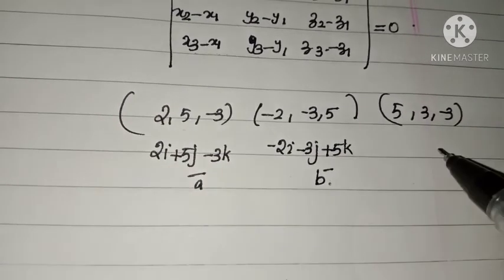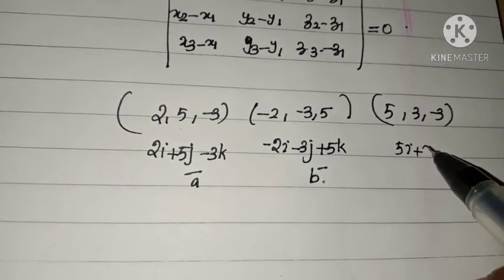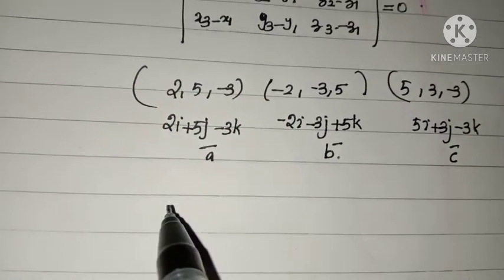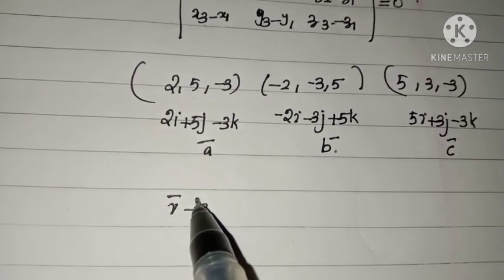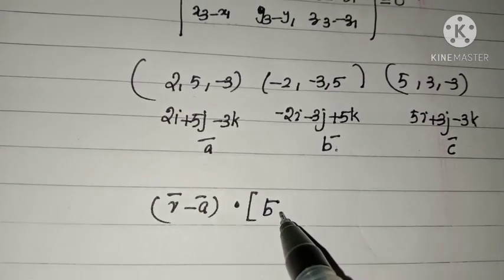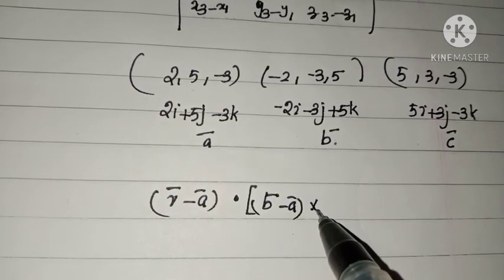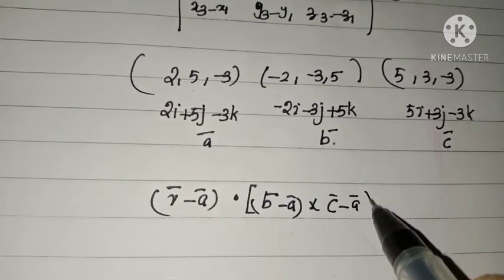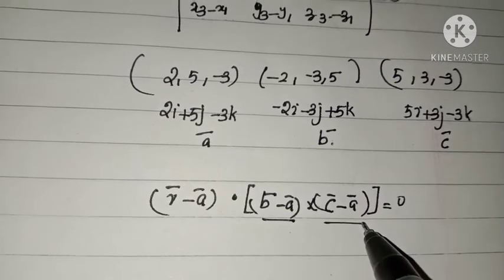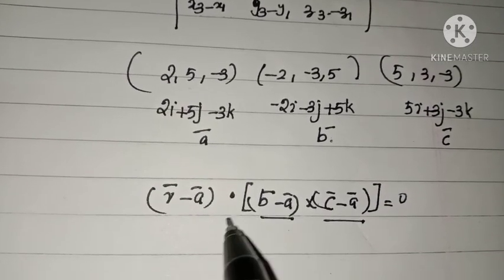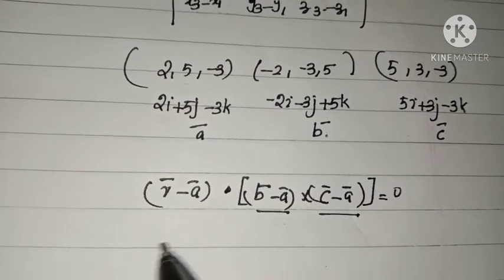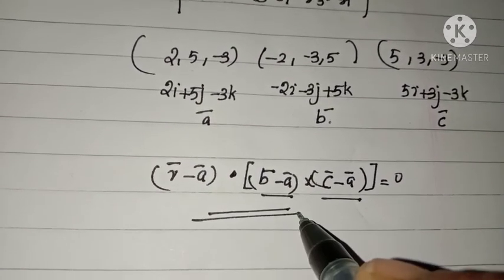Vector c is 5i plus 3j minus 3k. So the vector equation is (r minus a) dot (b minus a) cross (c minus a). So we have to find b minus a, c minus a, then their cross product, and again take the dot product with r minus a. This gives our vector equation.